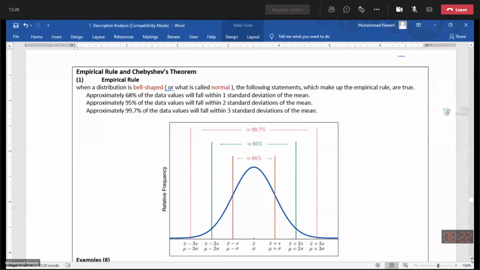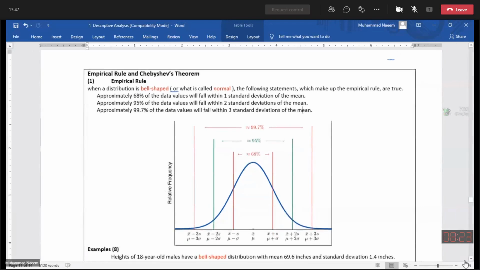Again, here we observe two things. We are constructing these intervals by one standard deviation, two standard deviations, and three standard deviations. This is a little restriction.